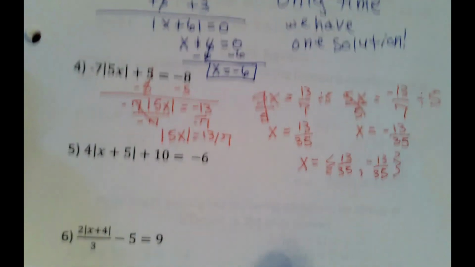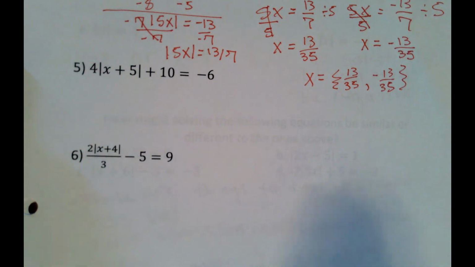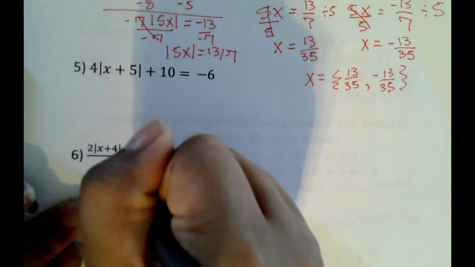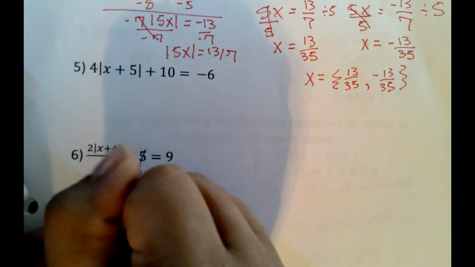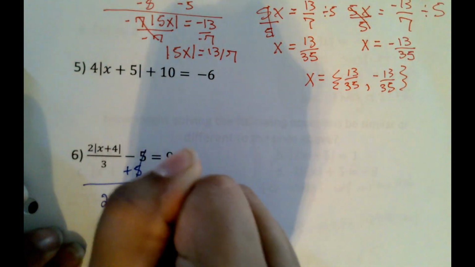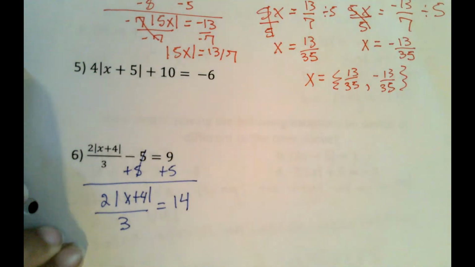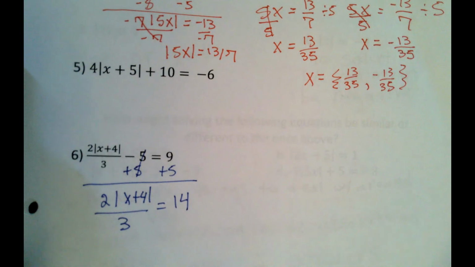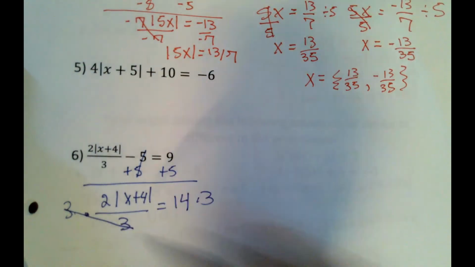Okay? Now, I want to work out number 6 because we haven't tried one like it before. So, we're going to add 5 on both sides. We're going to get 2 times the absolute value of x plus 4 all over 3 equals 14. Then, we're going to get rid of denominators by multiplying, because we hate our denominators.